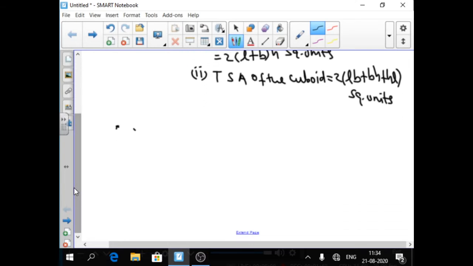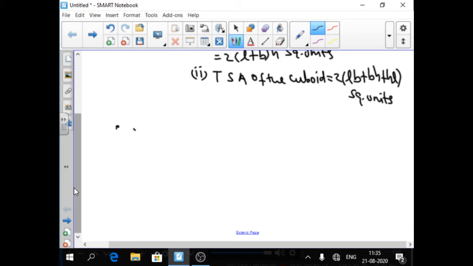First problem: find the total surface area and the lateral surface area of a cuboid whose dimensions are length 20 centimeter, breadth 15 centimeter, height 8 centimeter. These measurements are length, breadth, height, and the units are the same.